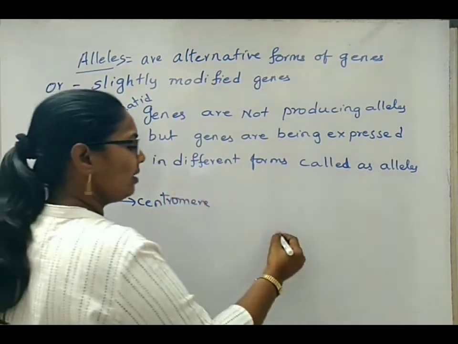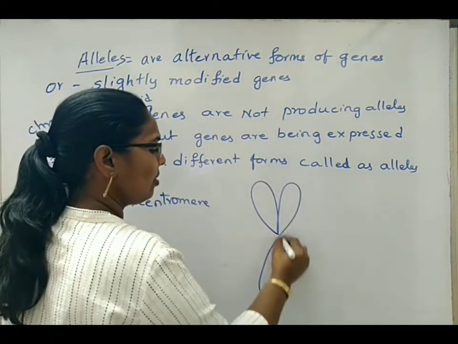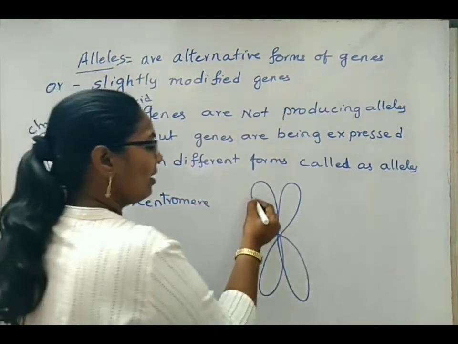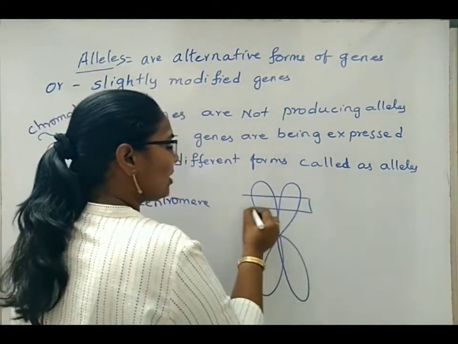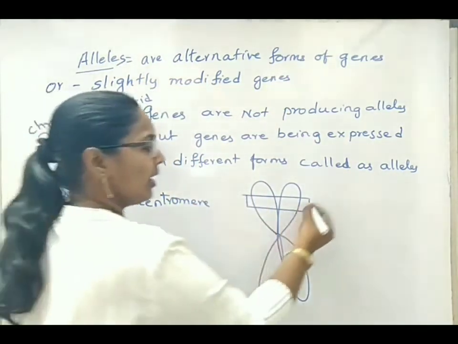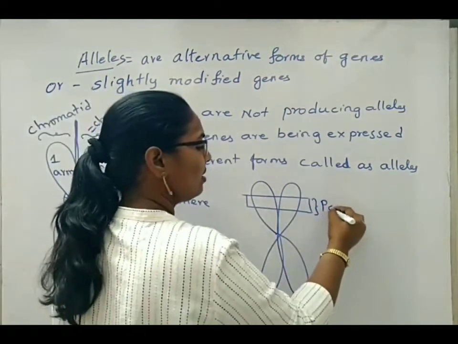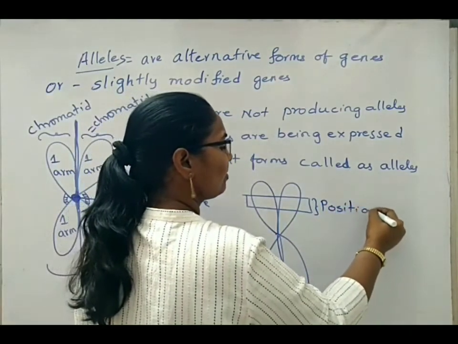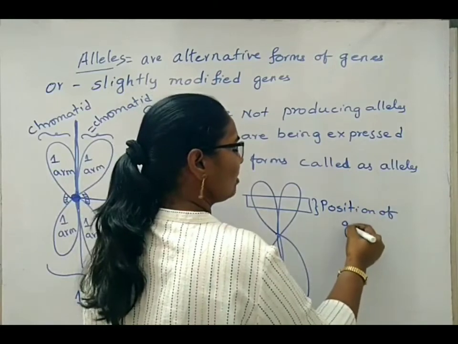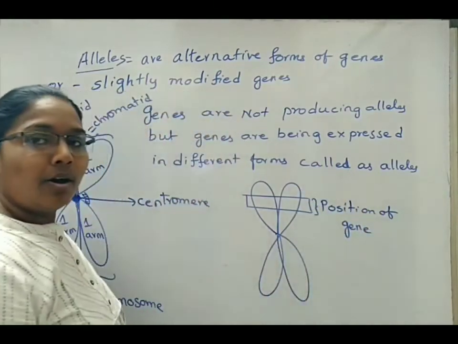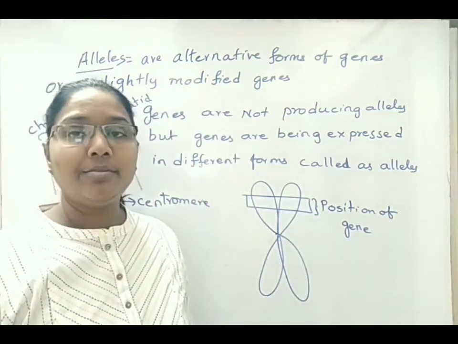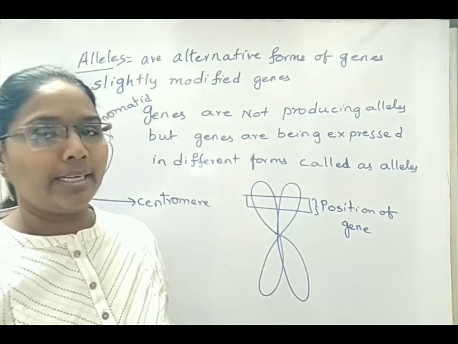Now, we will just locate the alleles or the genes. If we take this position of a chromosome, then this is considered as the position of gene. Means on the chromosome there is a position where a gene is located.